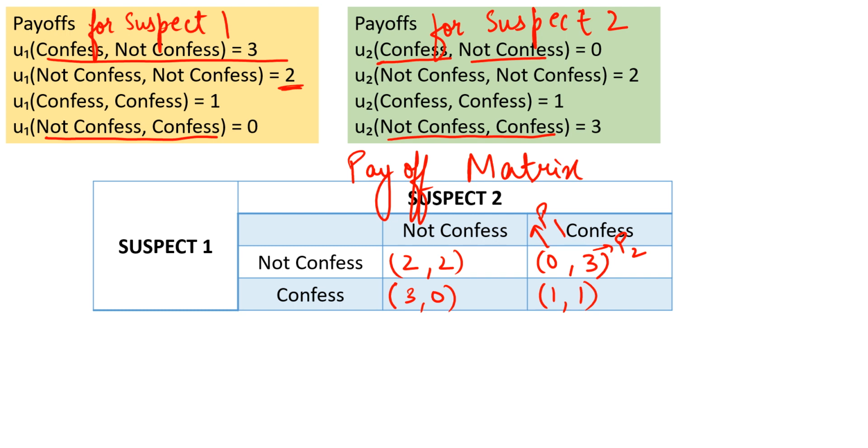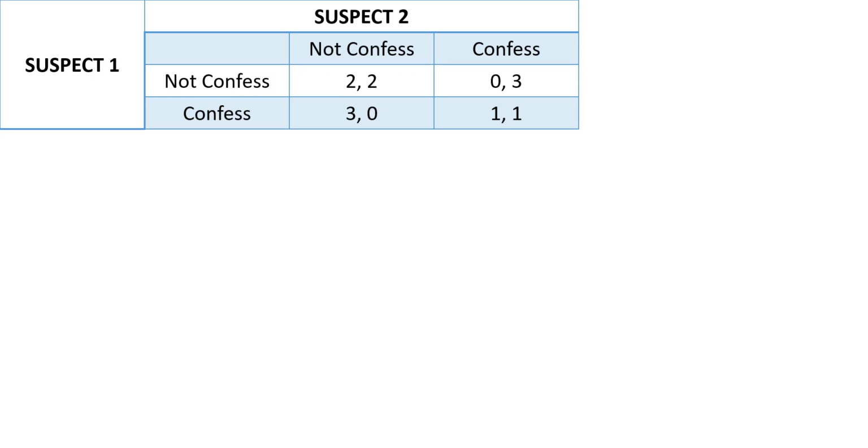Now let's see how to find the Nash equilibrium for this entire scenario of the prisoner's dilemma. I've simply copied down this matrix. You can see it's entirely the same. For this case, we know that we have four strategies that we need to decide from. First is not confess, not confess.